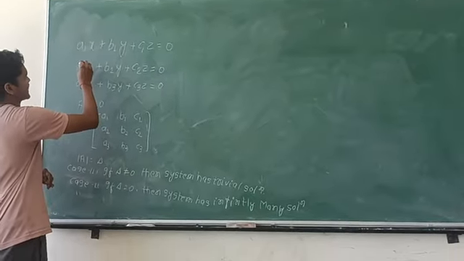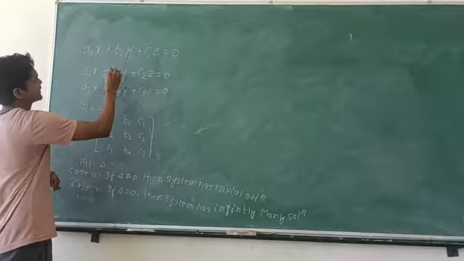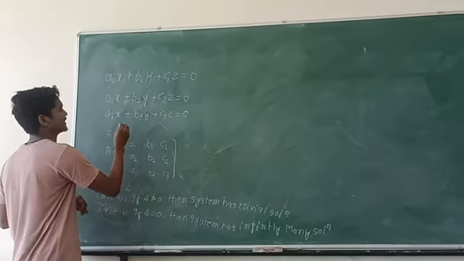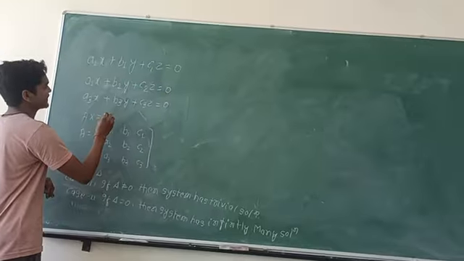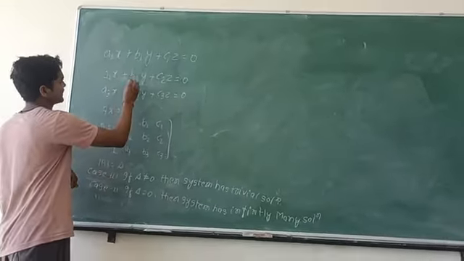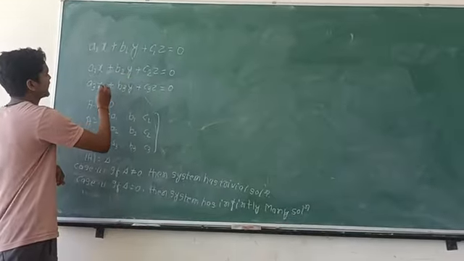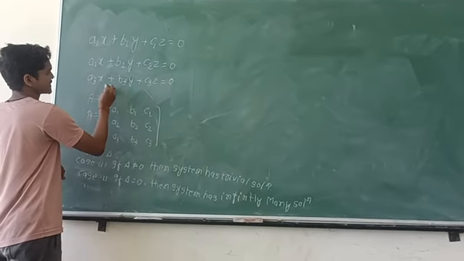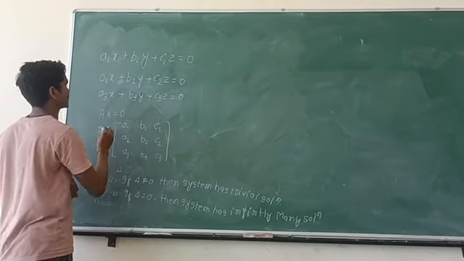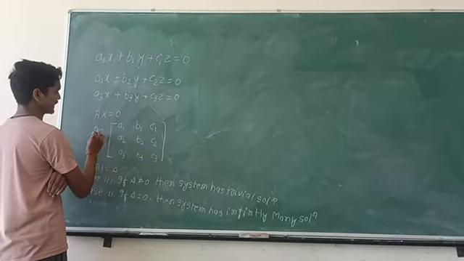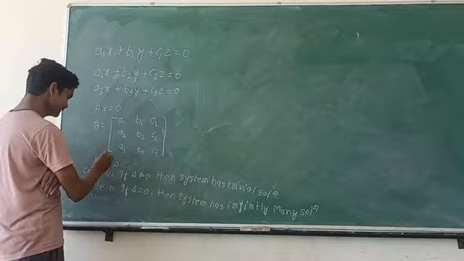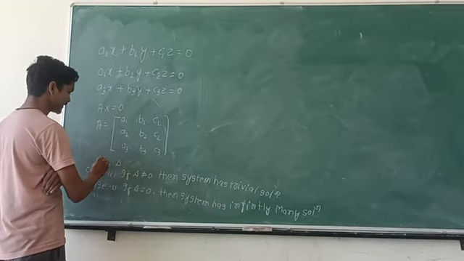For example, a1x plus b1y plus c1z is equal to 0, a2x plus b2y plus c2z is equal to 0 and a3x plus b3y plus c3z is equal to 0. AX is equal to 0, where A is the coefficient matrix and the determinant of A is equal to delta.